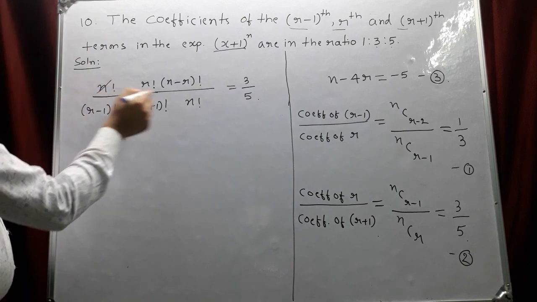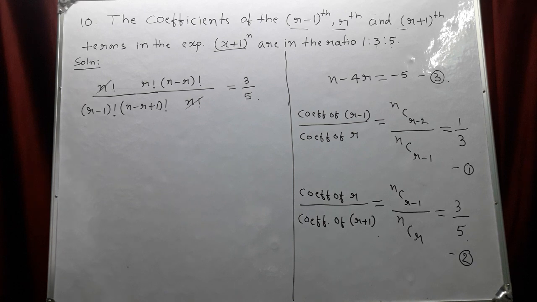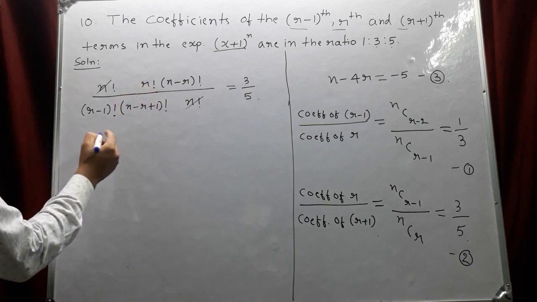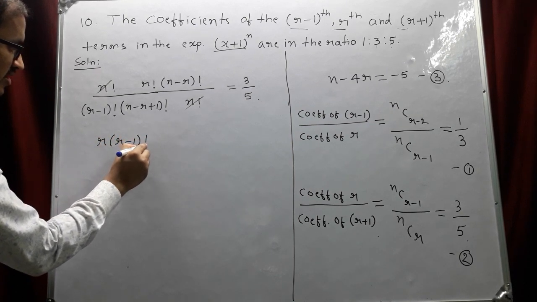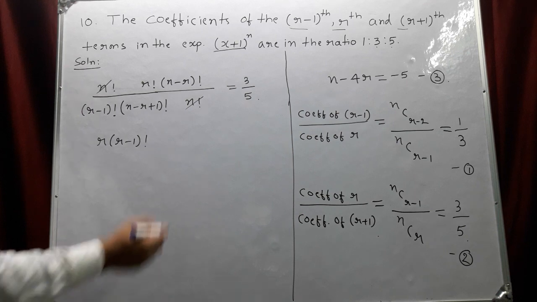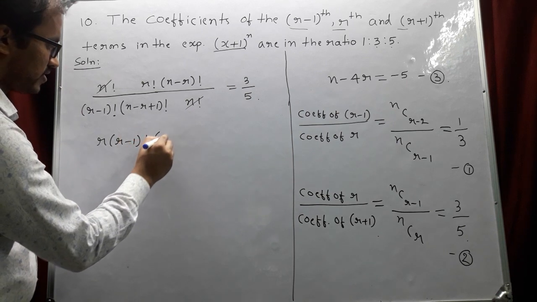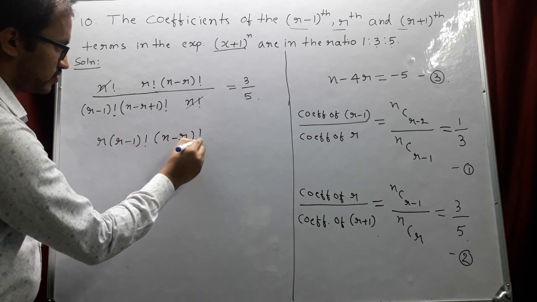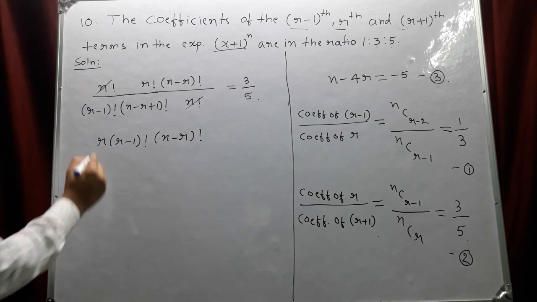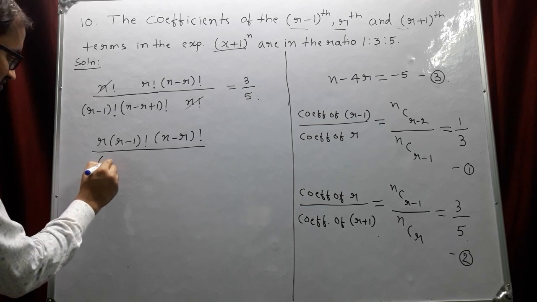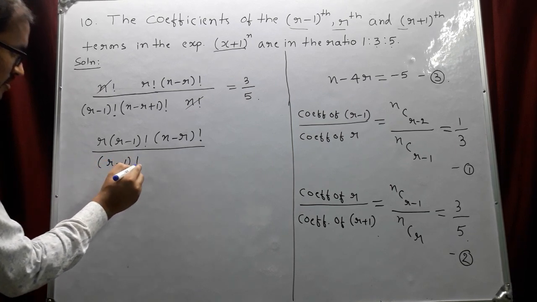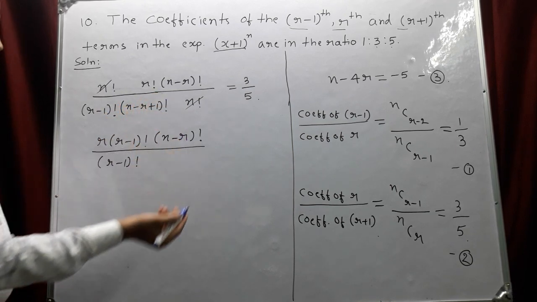So we can cancel n factorial from numerator and denominator. r factorial can be written as r into r minus 1 factorial into n minus r factorial, divided by r minus 1 factorial, n minus r plus 1 factorial.